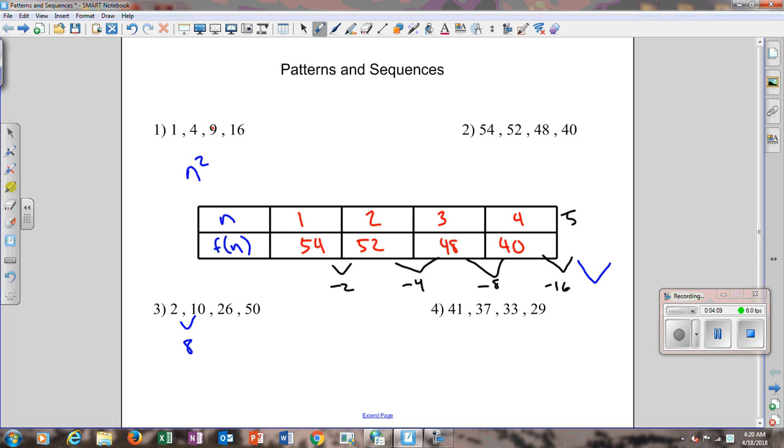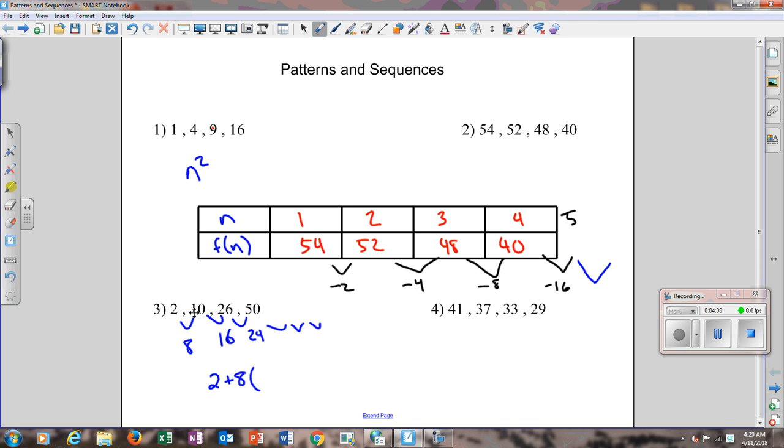It goes up by 8, 16, then 24. So we could do the next 3 terms. The other thing we could do for this one is we could start with the fact that we know it starts at 2. And then we could do 8 times.